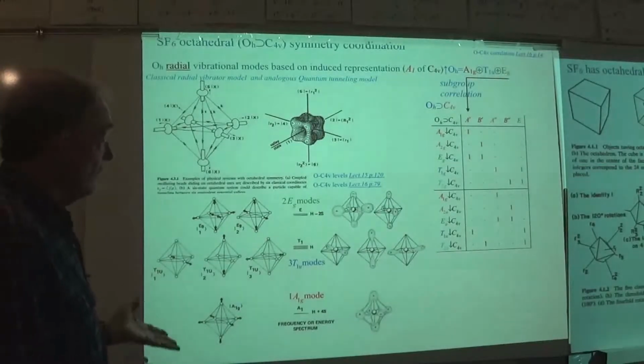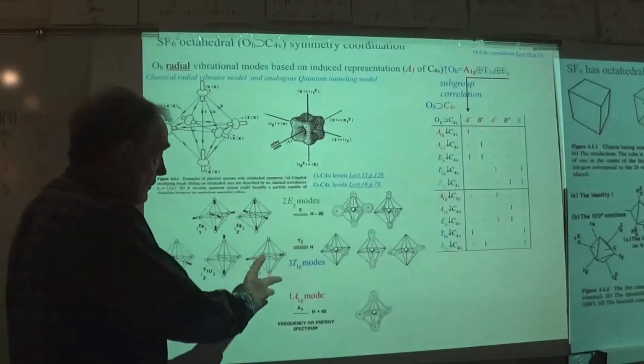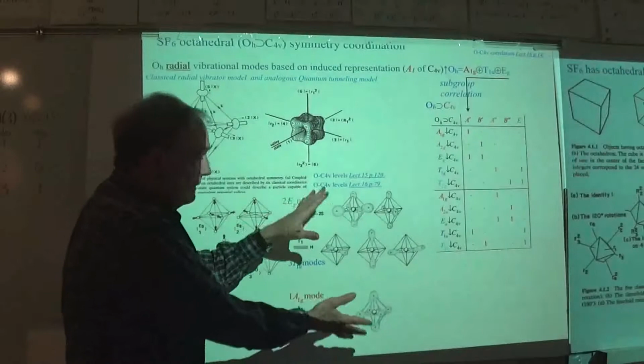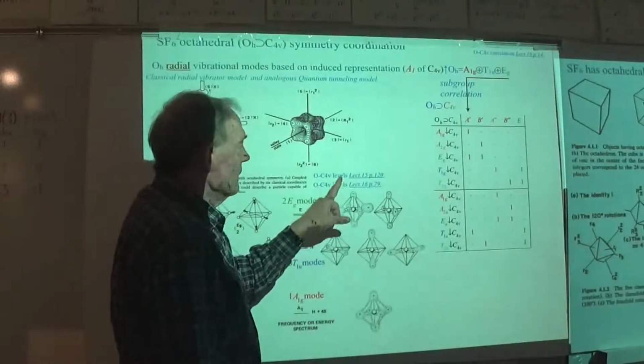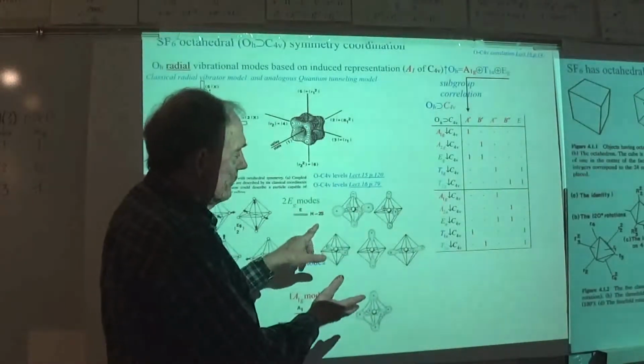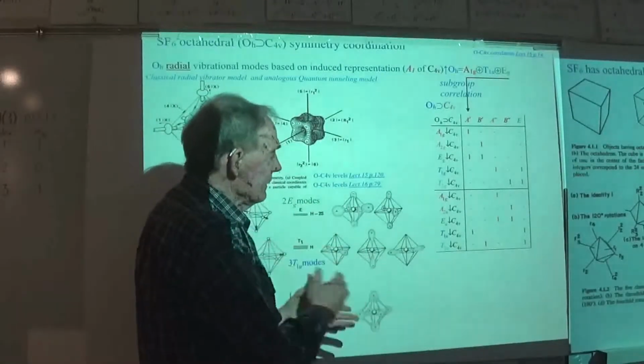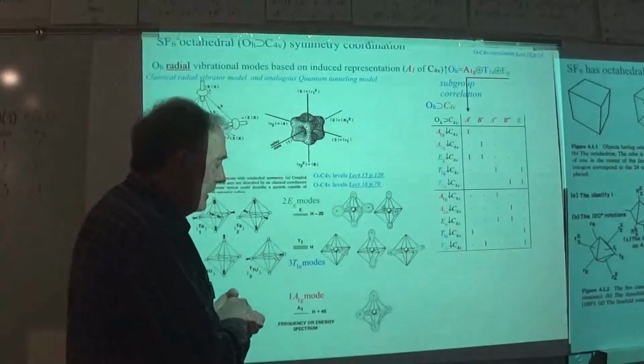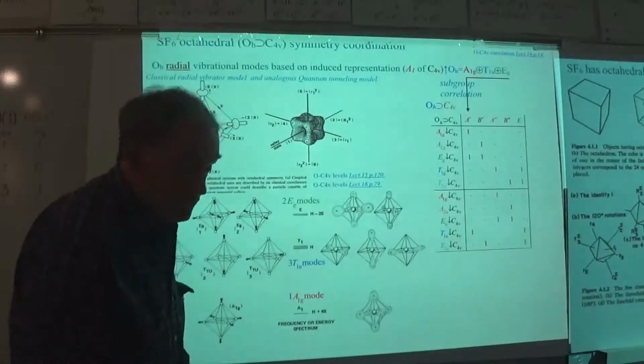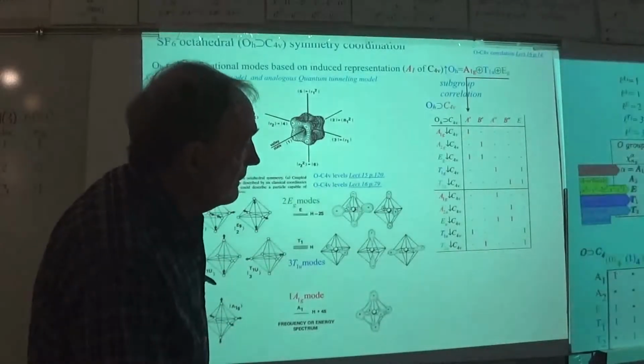And the result was to have a nice analogy between what we really wanted at the time, the wave functions of the angular momentum in the frame of the SF6 molecule, which is a very pretty sort of thing.